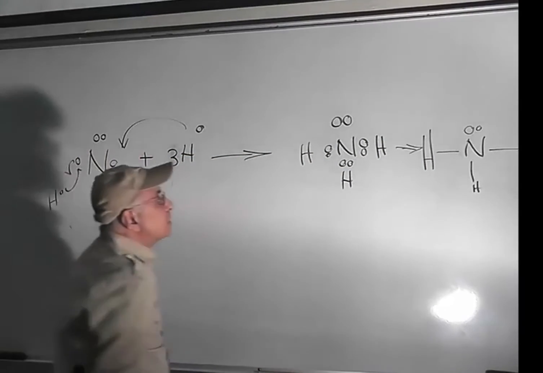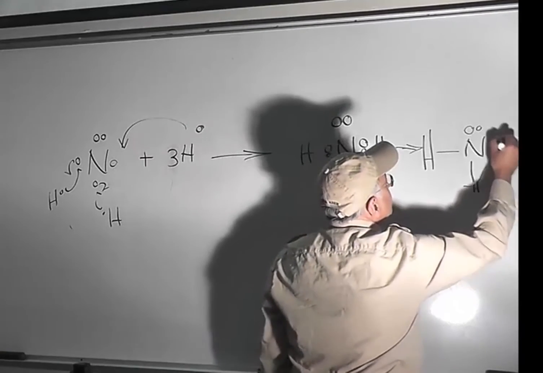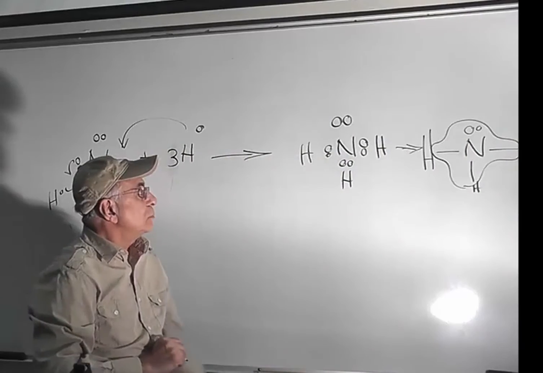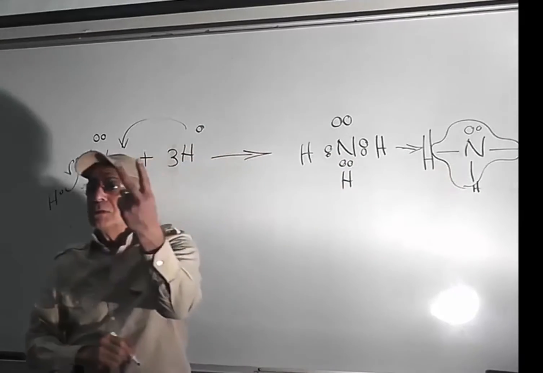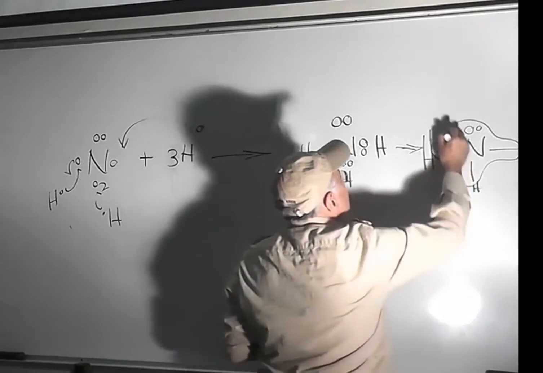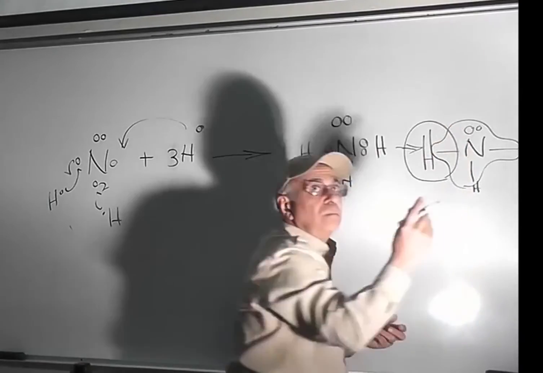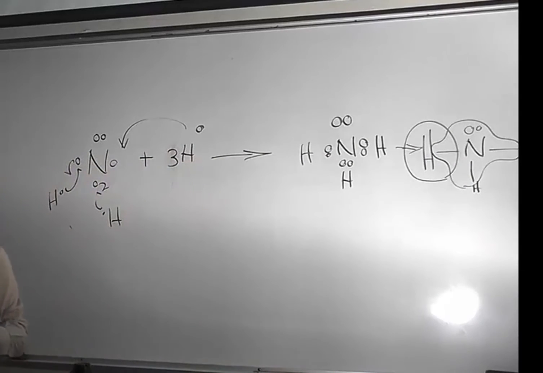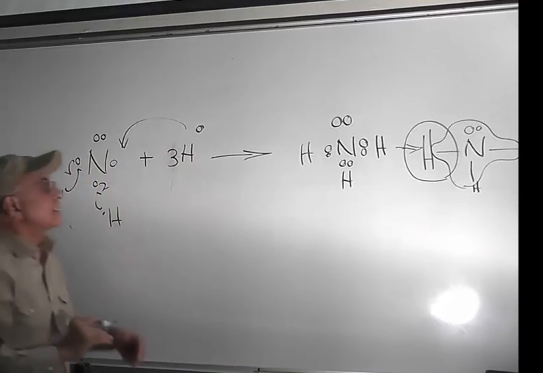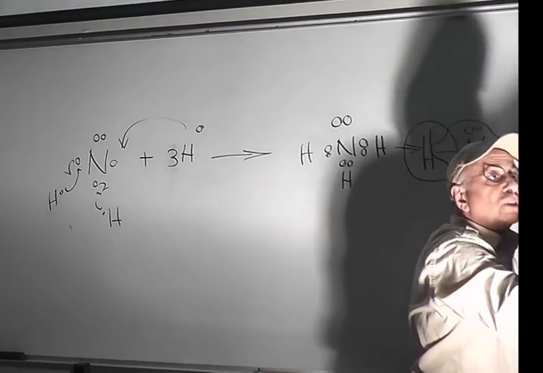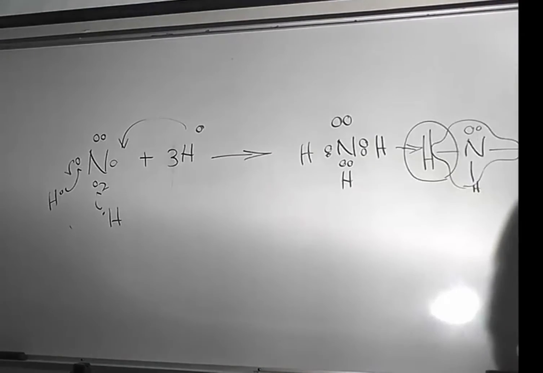Do you see nitrogen has got 8 electrons in the outer shell? 8 electrons, right? Because each bond is 2 electrons. Do you see that hydrogen has 2 electrons in the outer shell, just like helium? Hydrogens are happy, nitrogens are happy. So this is saying that the formula for ammonia, which results from the reaction of nitrogen and hydrogen, is NH3.